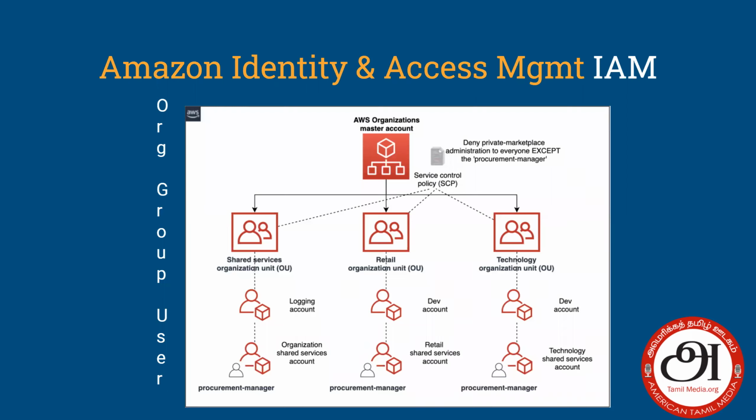Then we'll see the account structure. At the top you have the organization, which is an account, and you can have multiple organizational units under the master account. You can have a finance organizational unit, technology organizational unit, operations organizational unit and so on. The second layer, the boxes, are organizational units, like your departments.